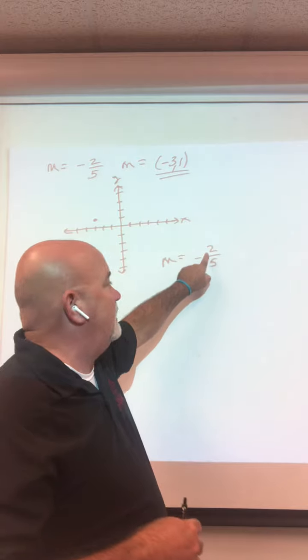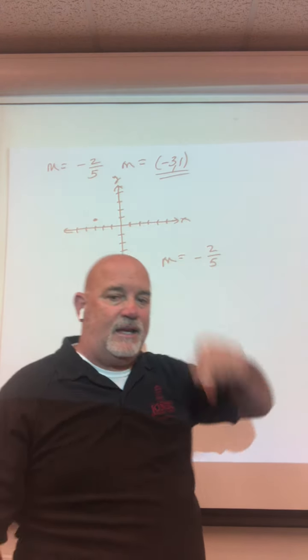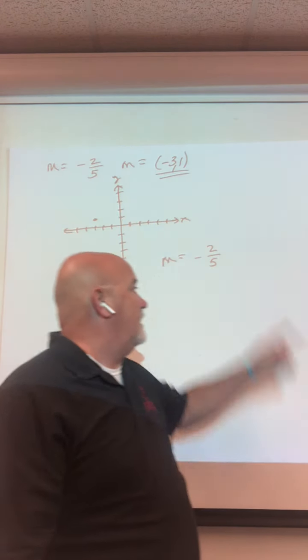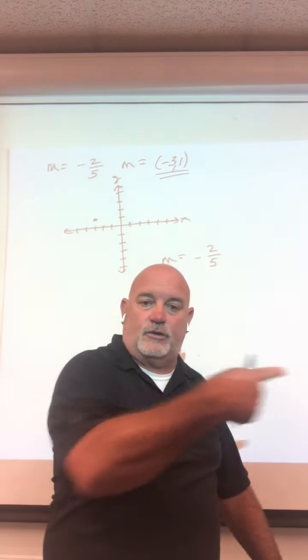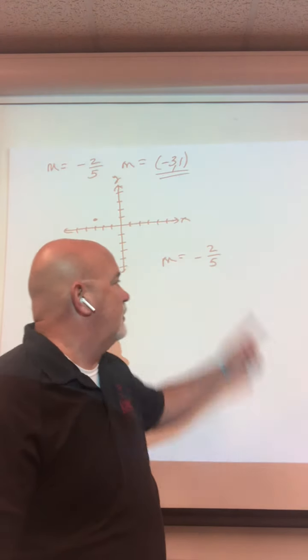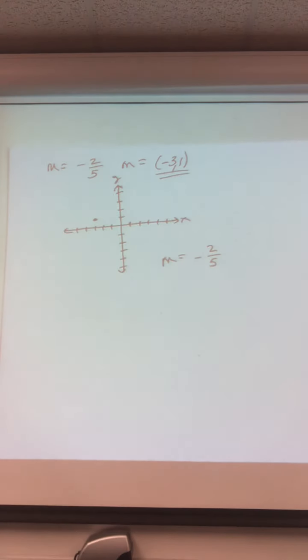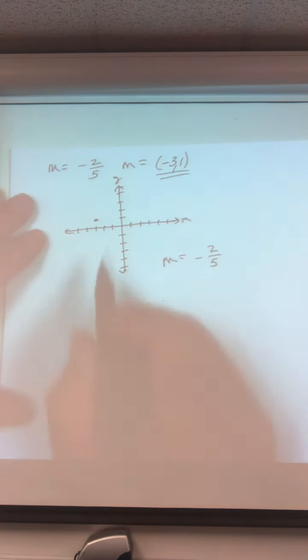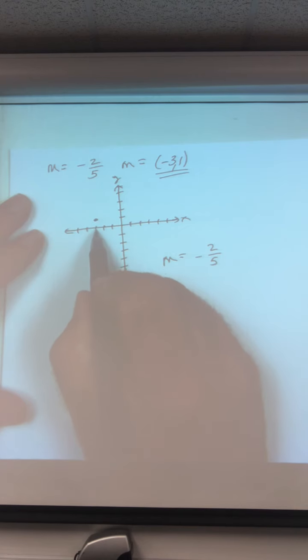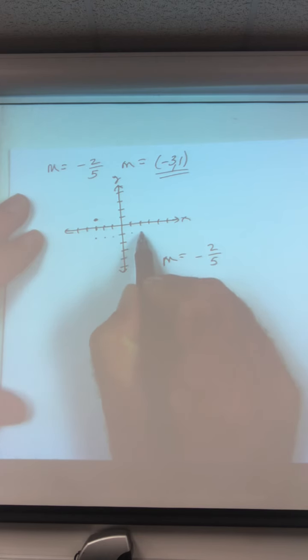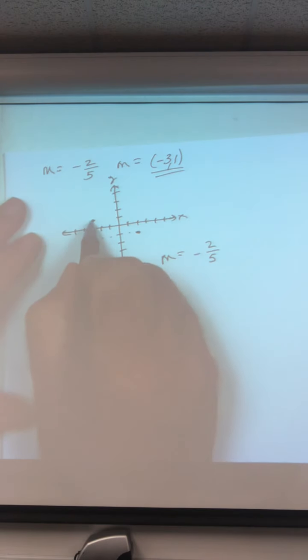So I would say the rise is negative 2, that means down 2. But then the run is still to the right 5. So go down 2, right 5, from the point that you plotted. So I would come right here, go down 2, that's 1, that's 2. Then go to the right 5, 1, 2, 3, 4, 5. There's my next point.